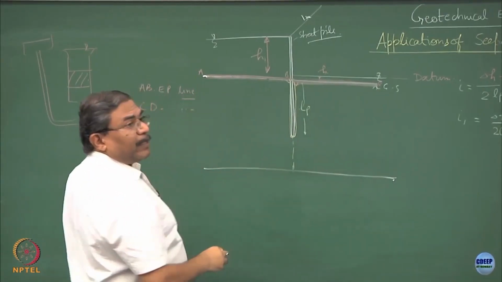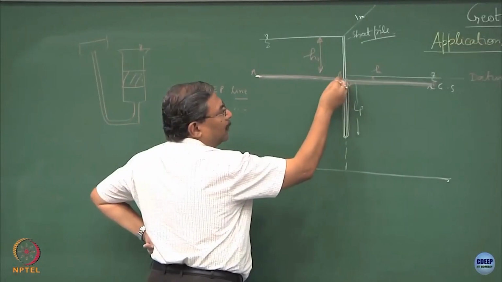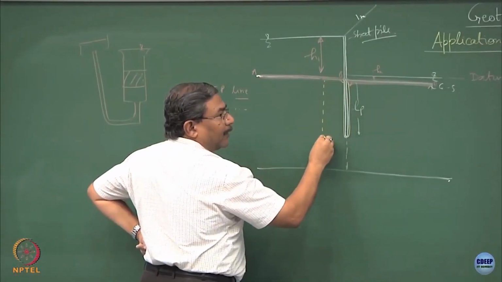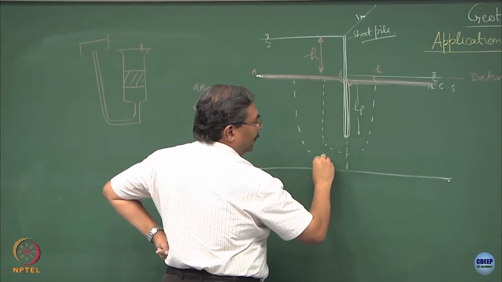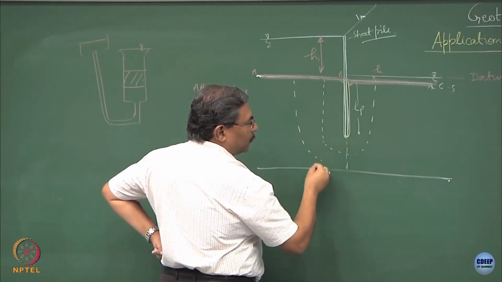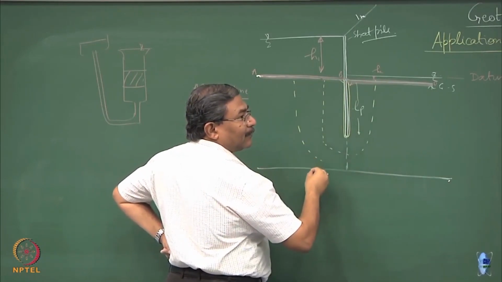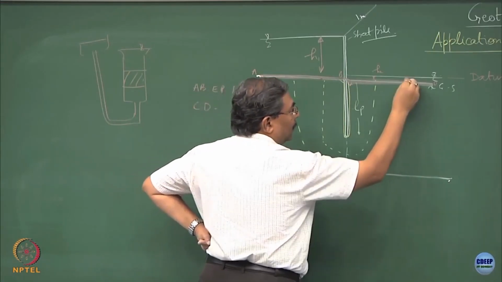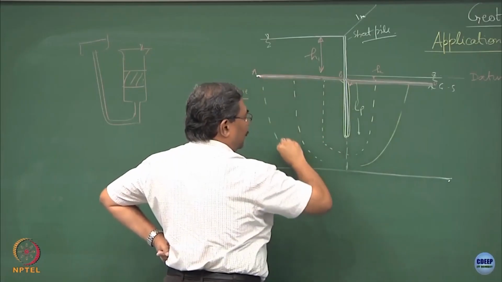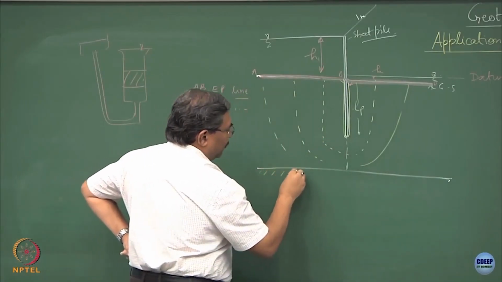Can I complete the flow net now? So conceptually, you keep on drawing the flow lines. This is the shape of the flow line. Now this portion is going to be very tricky, but the flow is going to take place. And this is the impervious boundary.